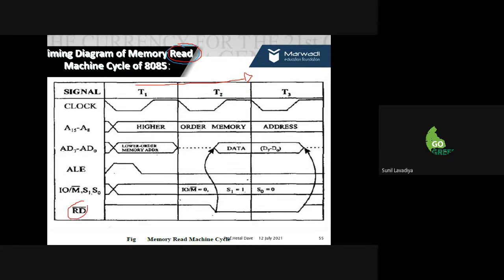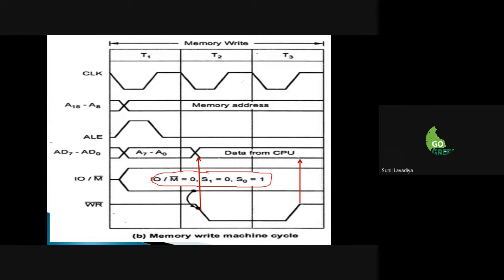It's read bar, because it's read. And as it's a write bar operation, I have to write down write bar here. Understood? Understood everyone? Yes, sir. So the values of S1, S0 and IO/memory bar I have to change. The question is related to write, so I have to change the write bar.